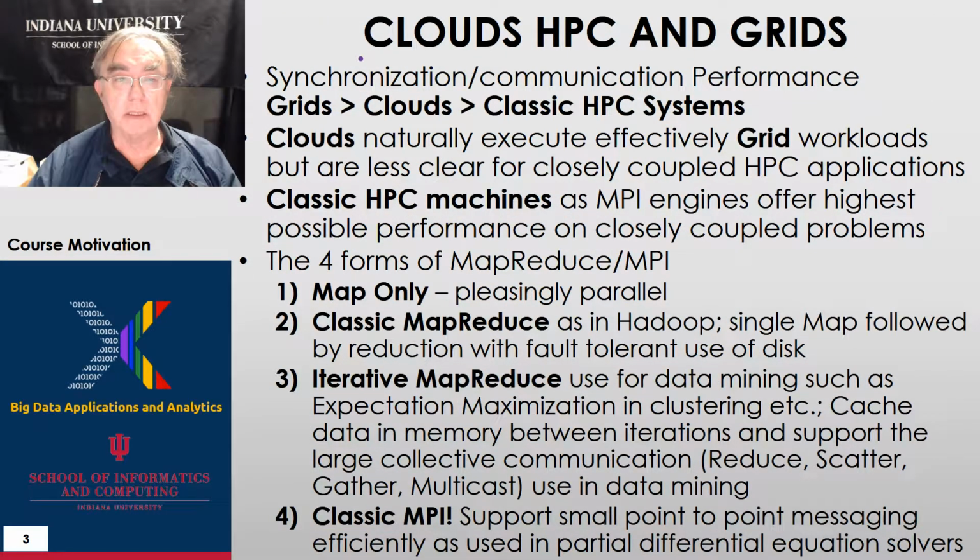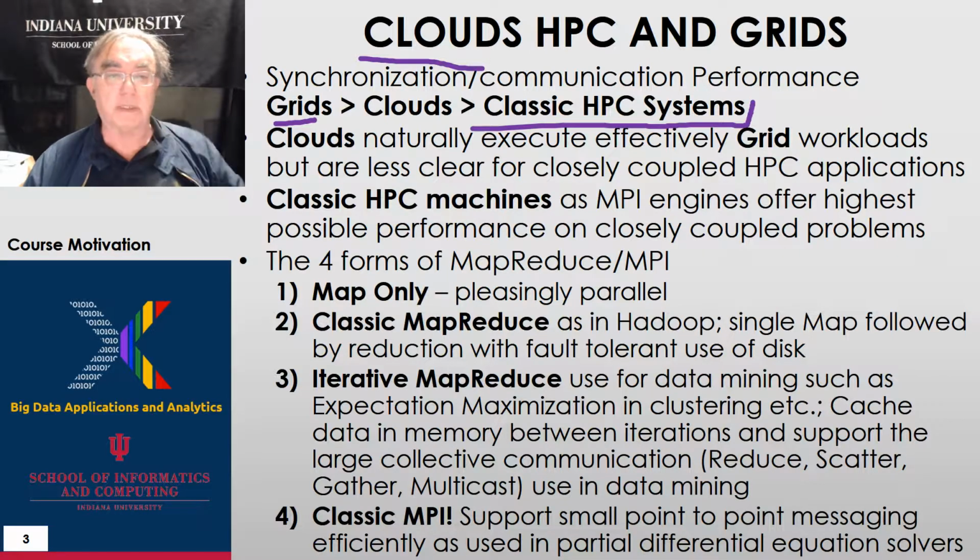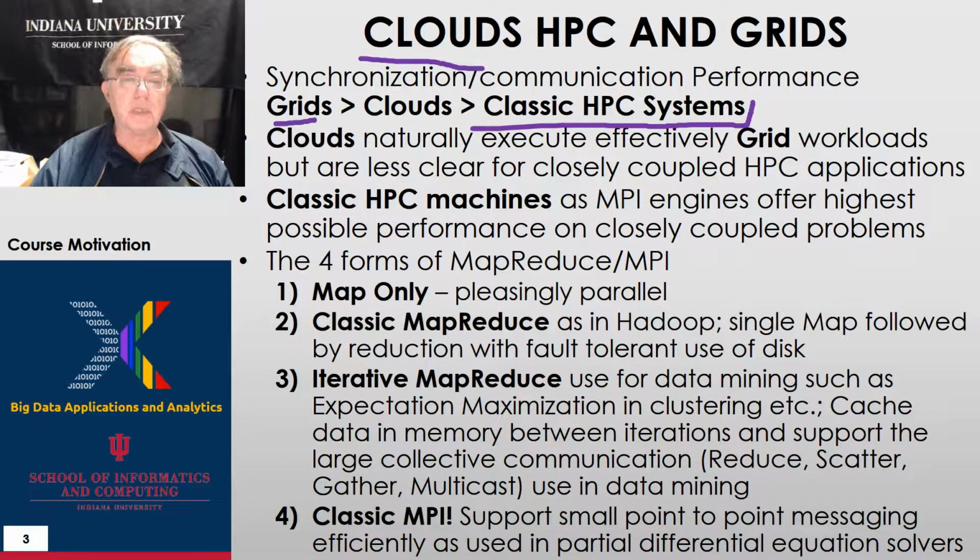All right, now let's see how clouds fit in. So HPC systems have the lowest synchronization cost and the highest communication capability. Grids have the worst, because grids are typically distributed over the world, so they have long delays just from the communication time. Clouds are in between.